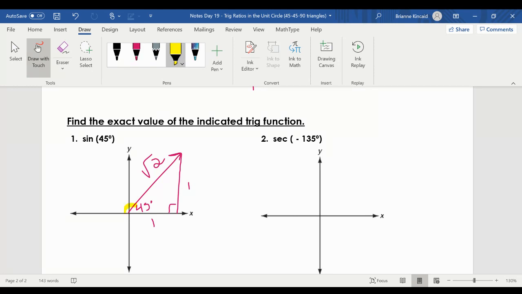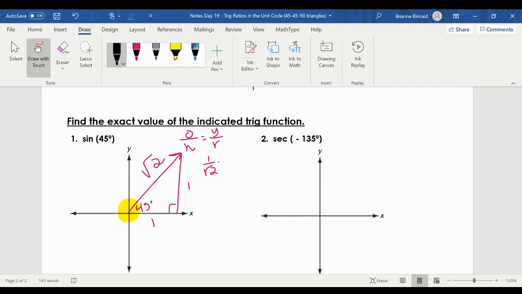Remember, your reference angle, or what we allow to be theta, is always the angle that's next to the origin, or next to the center here. So my sine, remember in SOHCAHTOA, is the opposite over the hypotenuse. We can also say that it's the y over the r, which is 1 over radical 2.